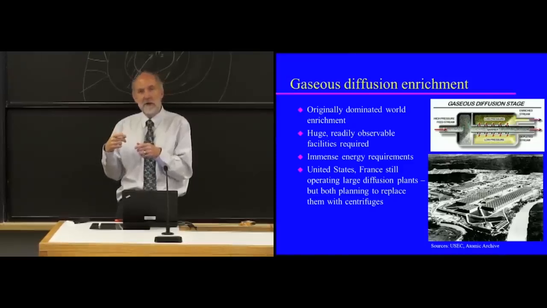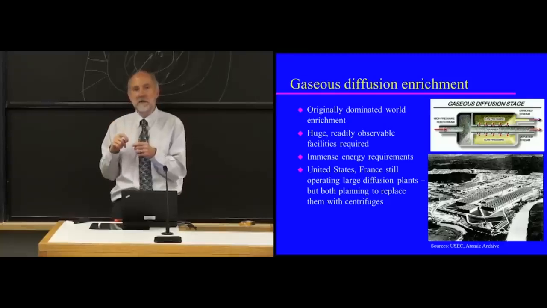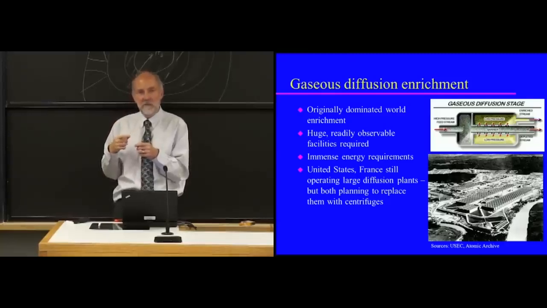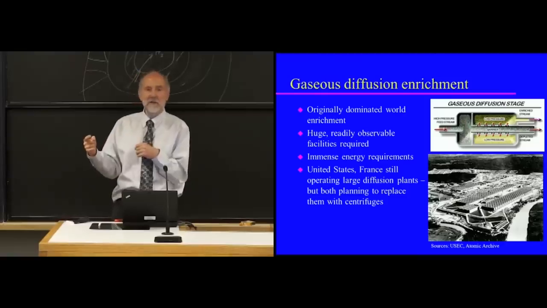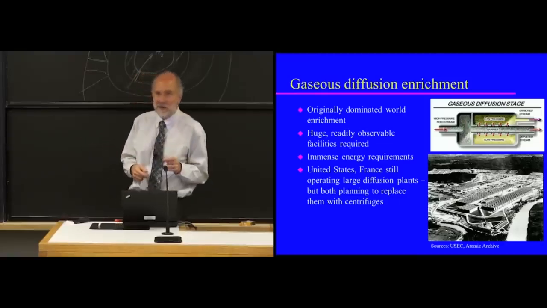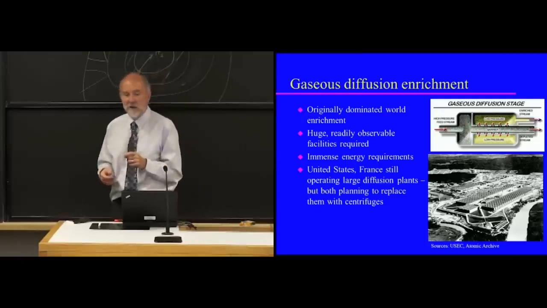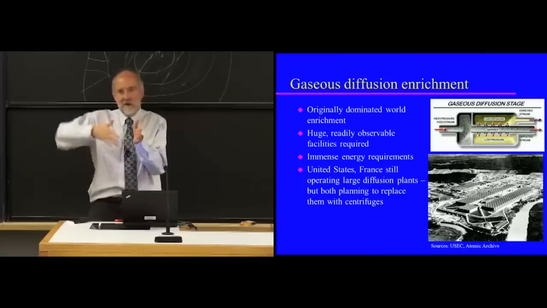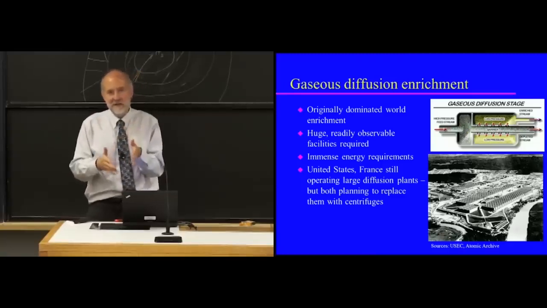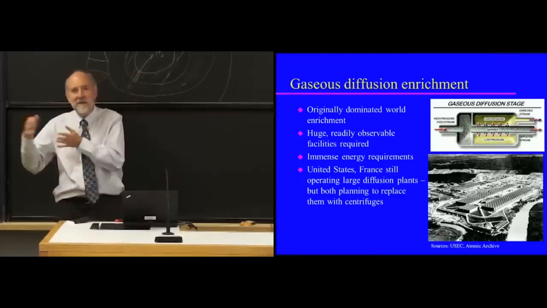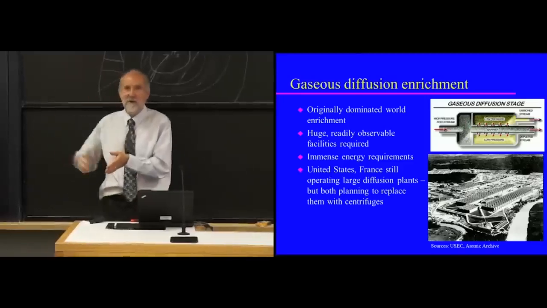And so there's a slightly higher chance that one of those atoms will find one of the holes in the barrier material and pass through to the other side of the barrier. Okay? But it's only a very slightly different chance. So you need to have another barrier and another gaseous diffusion unit and another barrier and another gaseous diffusion unit and so on and so on.